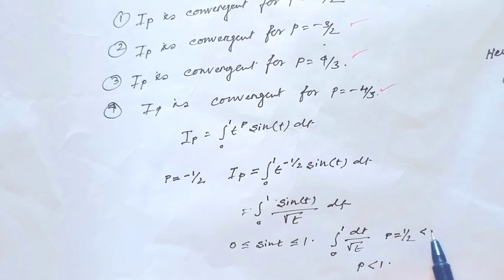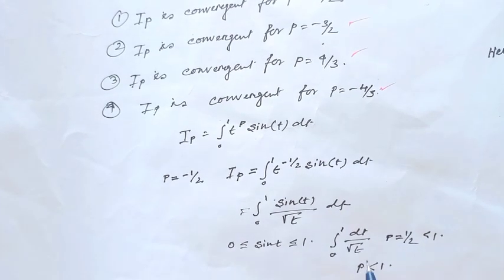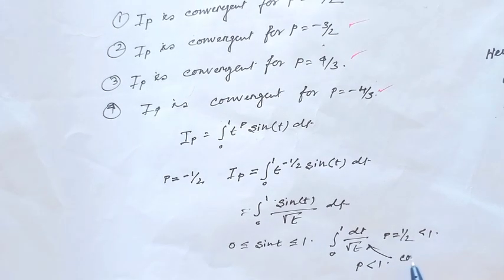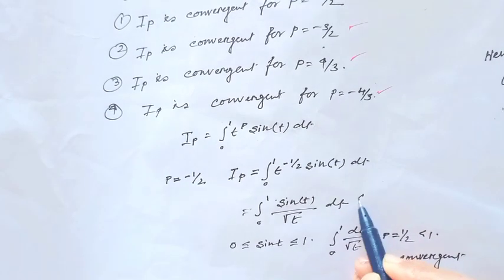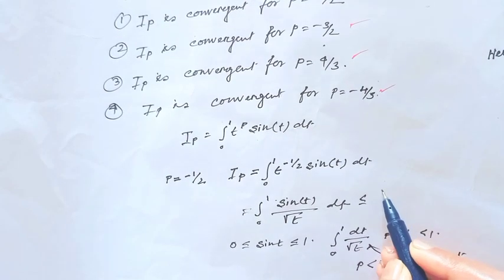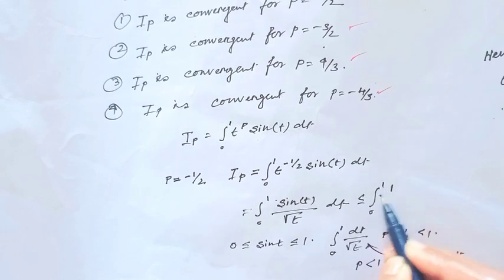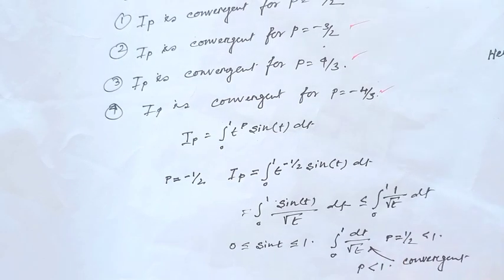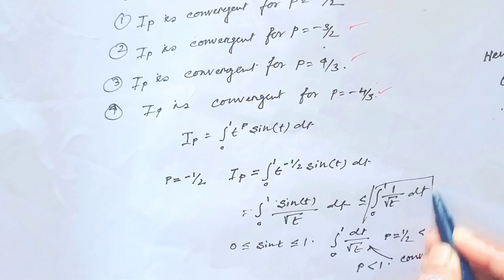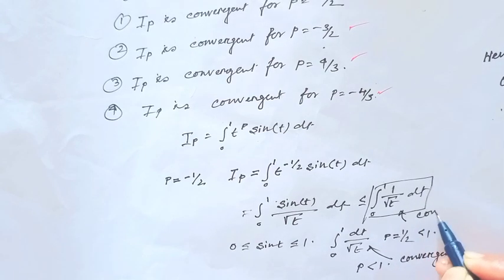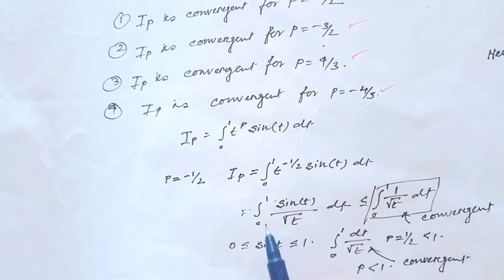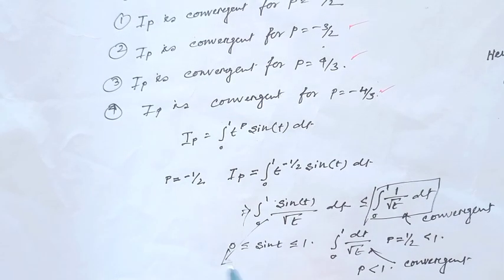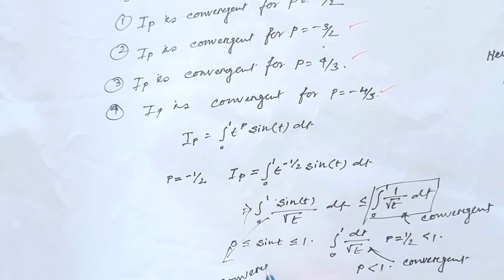Since half is less than 1, this integral is convergent. By the comparison test, this integral is less than or equal to the integral from 0 to 1 of 1 over square root of t dt, and I have seen this integral is convergent. So by the comparison test, we can tell this integral is also convergent.